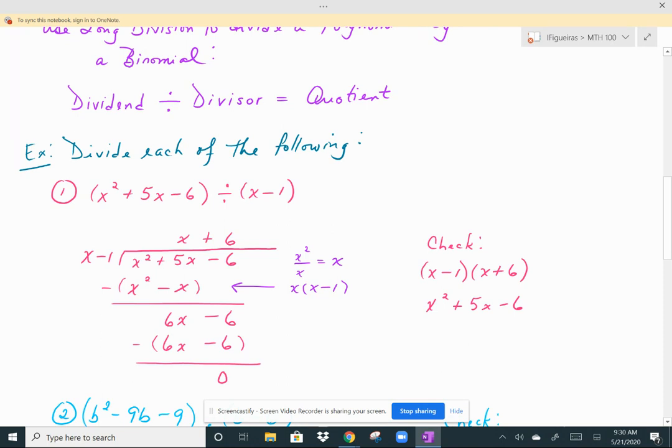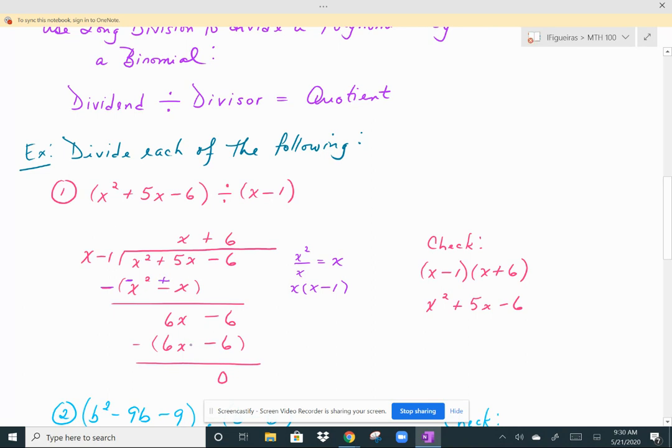But to move on to the next line, you have to subtract the x squared minus x from the dividend above. So when you subtract, that's why this minus sign is here, that means you have to distribute that minus sign across both terms, which means when you distribute, the first one turns to a negative, the second one turns to a positive.